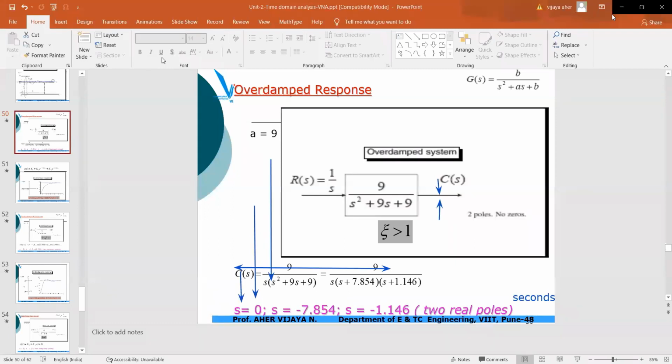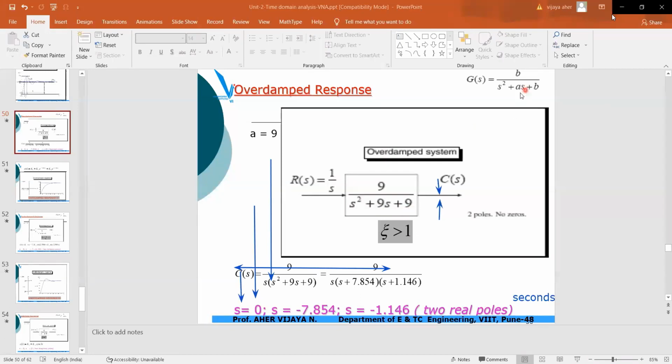So what is our equation? The standard equation is G of S equal to B divided by S square plus AS plus B, right? Now, this is the overdamped system with this transfer function. When zeta is greater than 1, the transfer function is 9 divided by S square plus 9S plus 9.